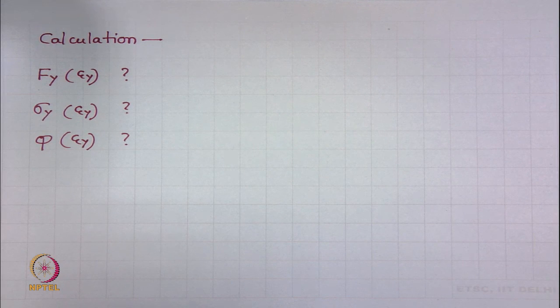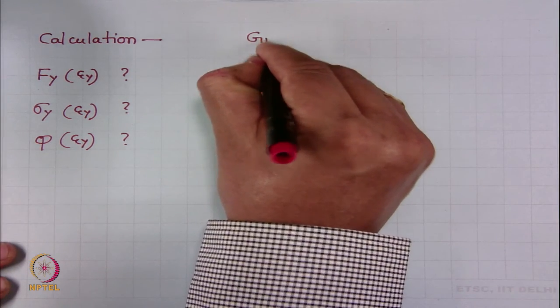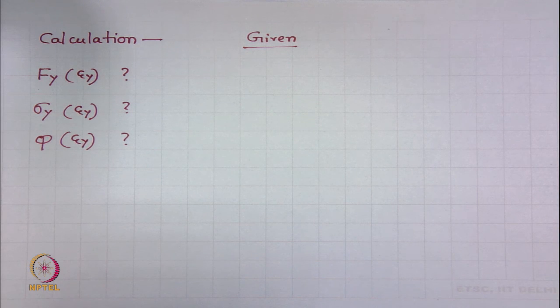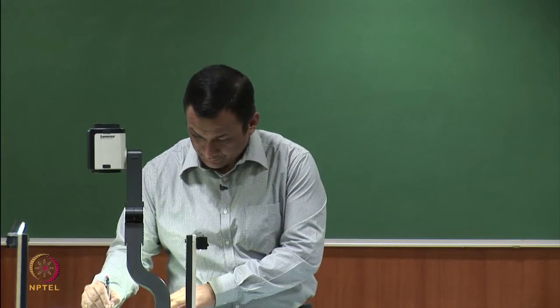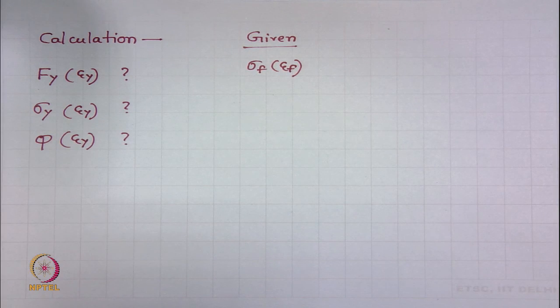What are known? Given: fiber stress strain must be given. This must be known to you.